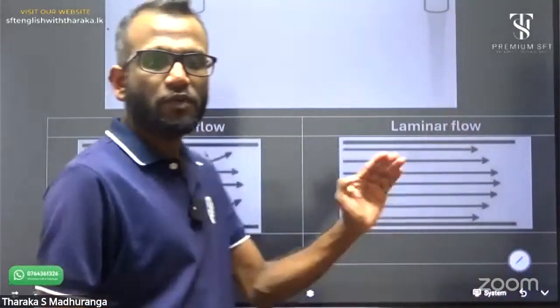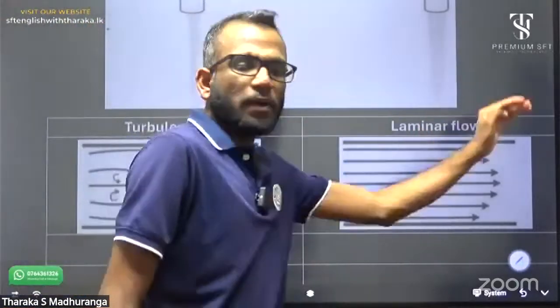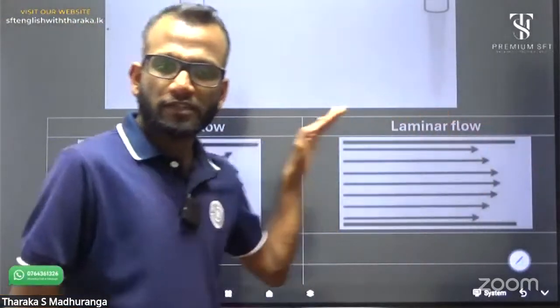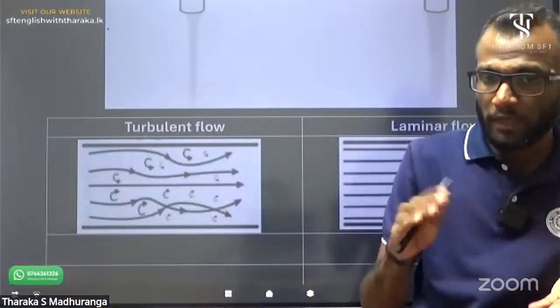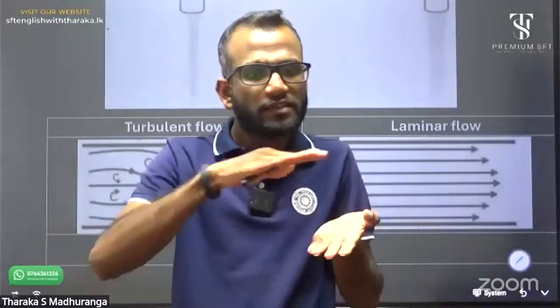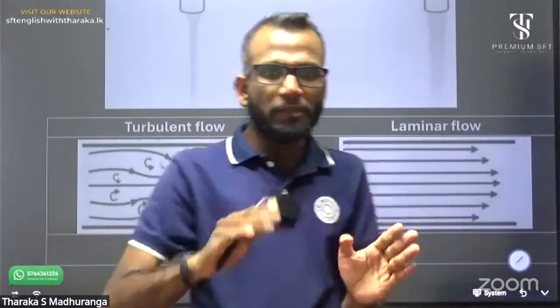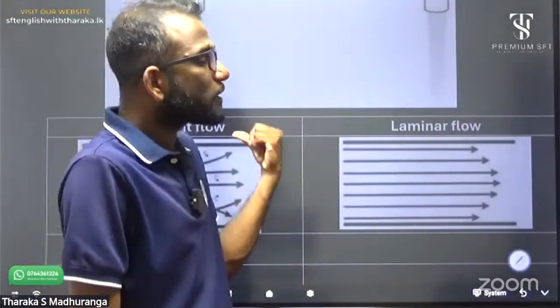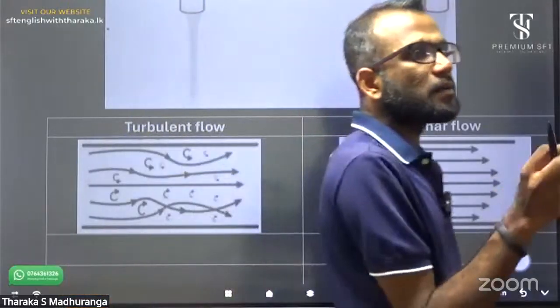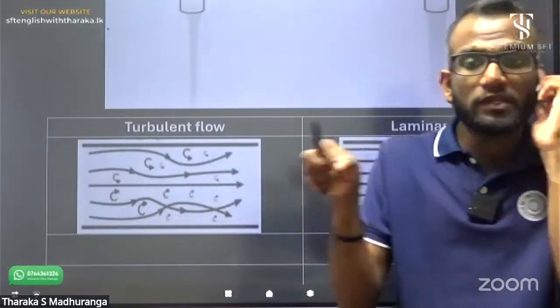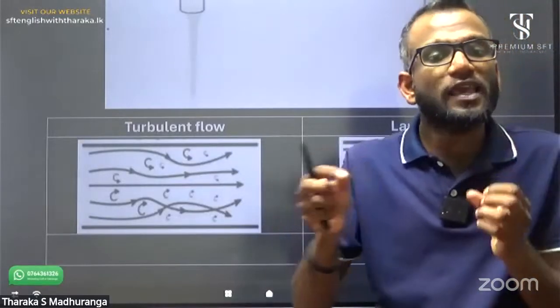If you have stream flow, they travel layer by layer. They have a specific direction and they move comparatively slowly. And their speed of passing a point with time is the same value.